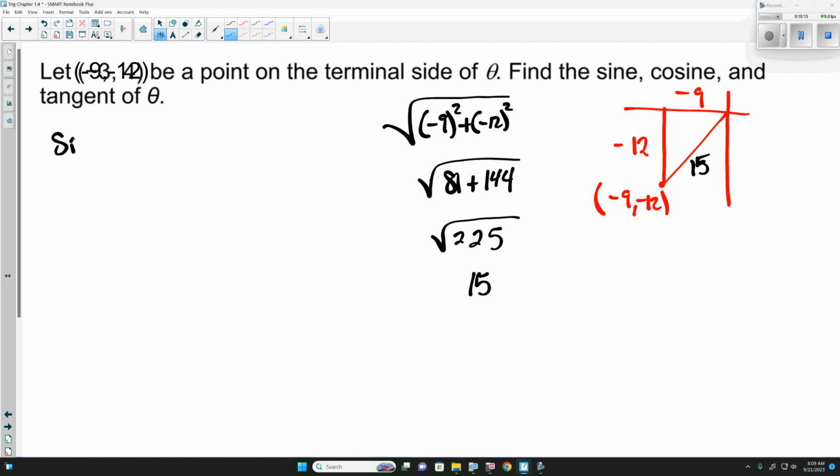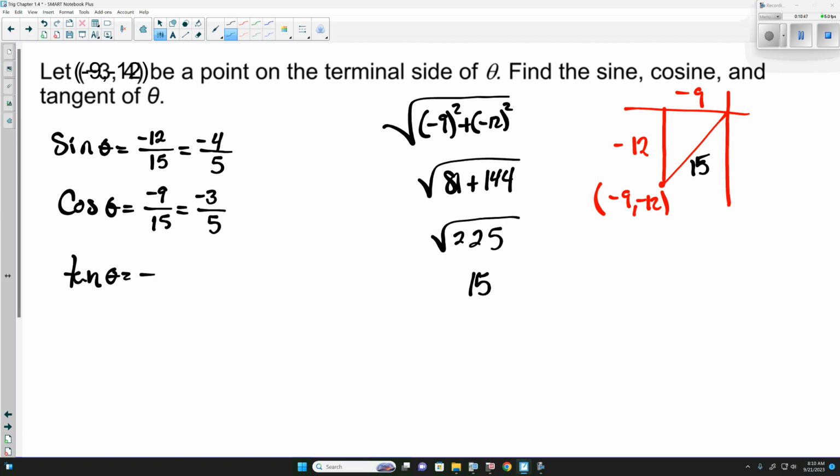So our sine of theta: for this one, the opposite side is -12 and the hypotenuse is 15, and there's a common factor of 3. Cosine of theta: our adjacent side is -9 over 15, which is -3 over 5.